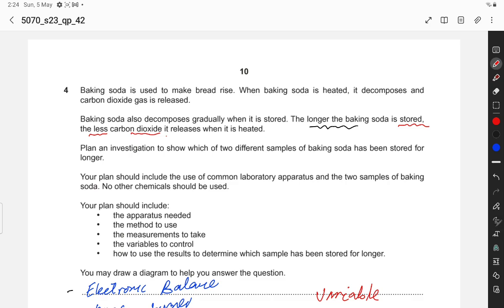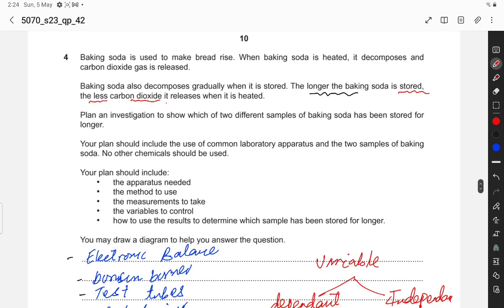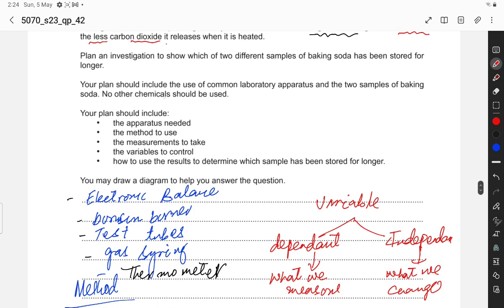This is the same experiment I discussed in variant 4.1. Plan an investigation to show which of two different samples of baking soda has been stored for longer. Your plan should include the use of common laboratory apparatus and the two samples of baking soda. No other chemicals should be used.